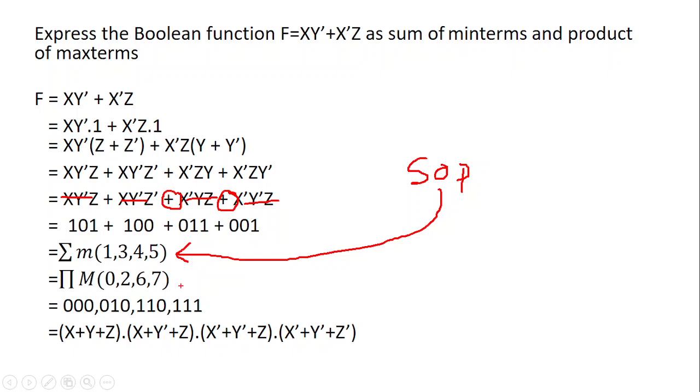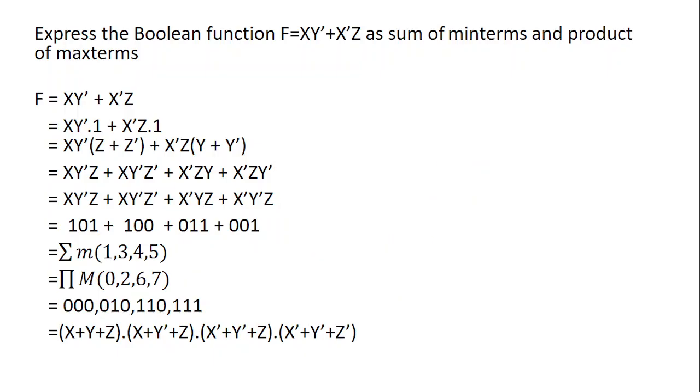What about the remaining? Remaining are all max terms, product of sum terms. So simple as that. Whichever values are missing, they are all the max terms. Now what are you going to do? You write the binary equivalent of them.